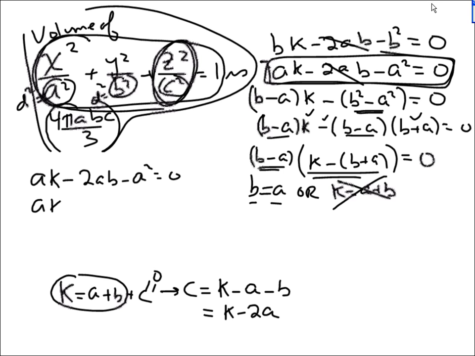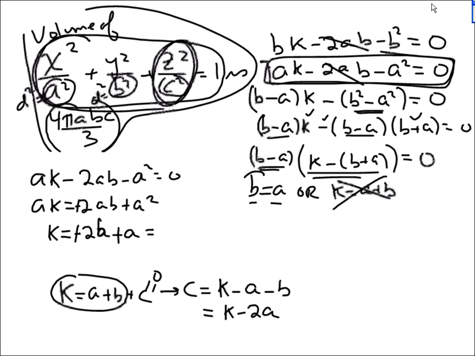So ak equals 2ab minus a squared. Dividing both sides by a, k is 2b minus a. This should be minus, sorry. Actually, they both should be plus when I bring them to the other side.